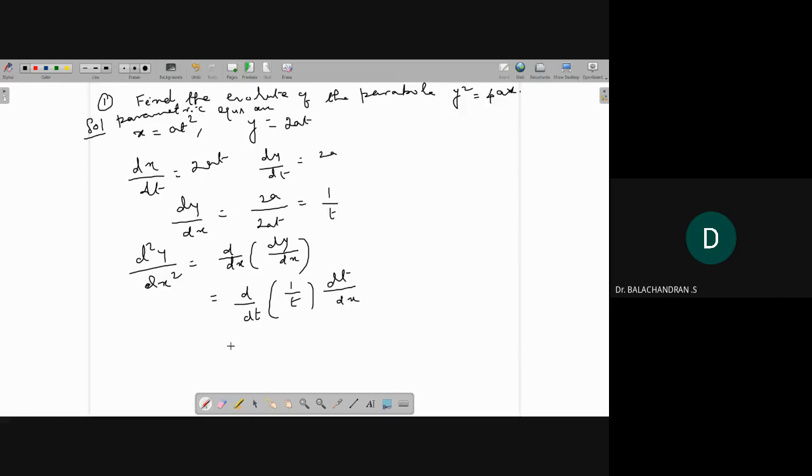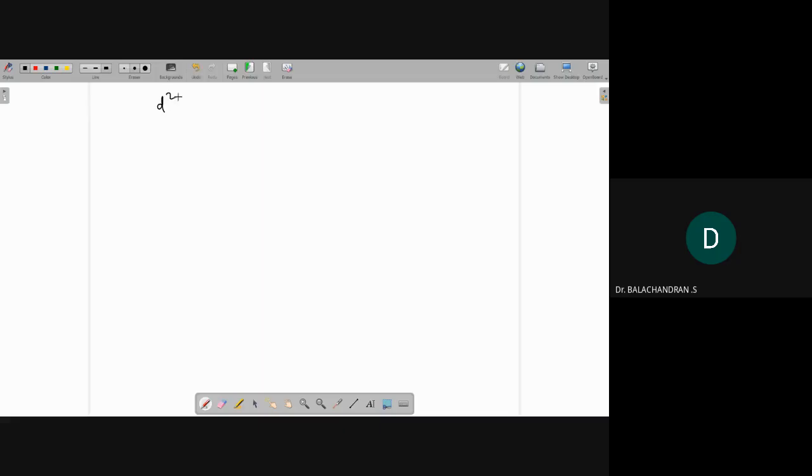Now d by dt of 1 by t is minus 1 by t square. What is dt by dx? Reciprocal of dx by dt, that is into 1 by 2at. So the second derivative d square y by dx square is equal to minus 1 by 2a t cube.